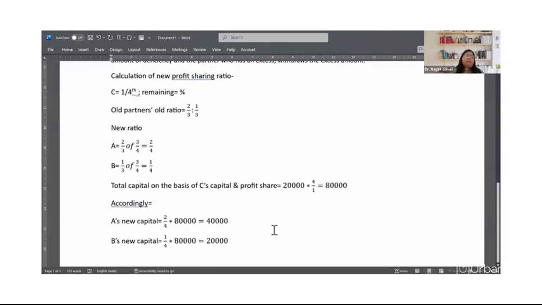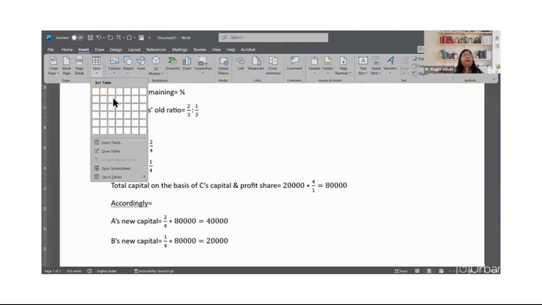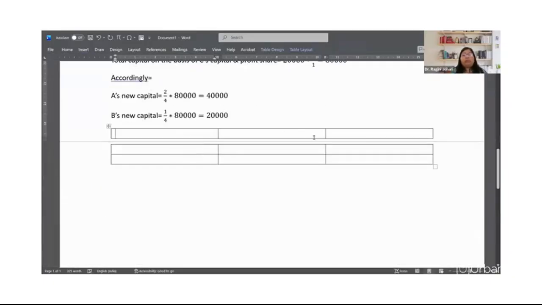So the best part is, now let's make a total grid, or you can say a table, and that table is going to give us the exact value of how much each partner is giving or withdrawing. So let's make a table here. Yes, a table is the safest one.